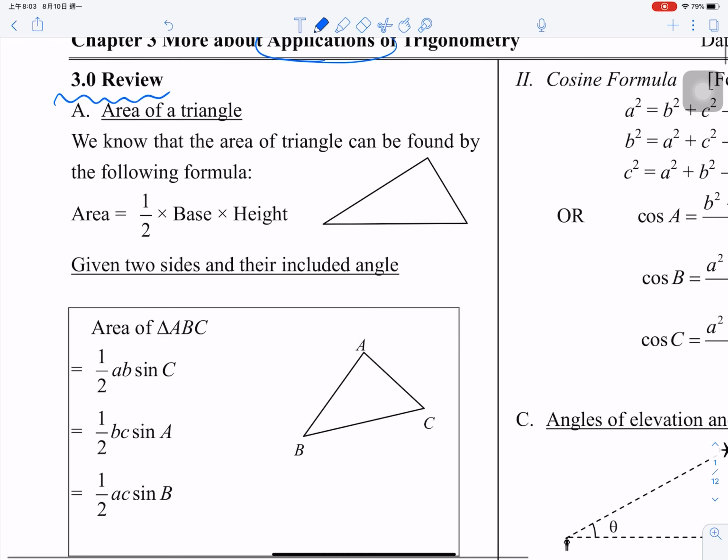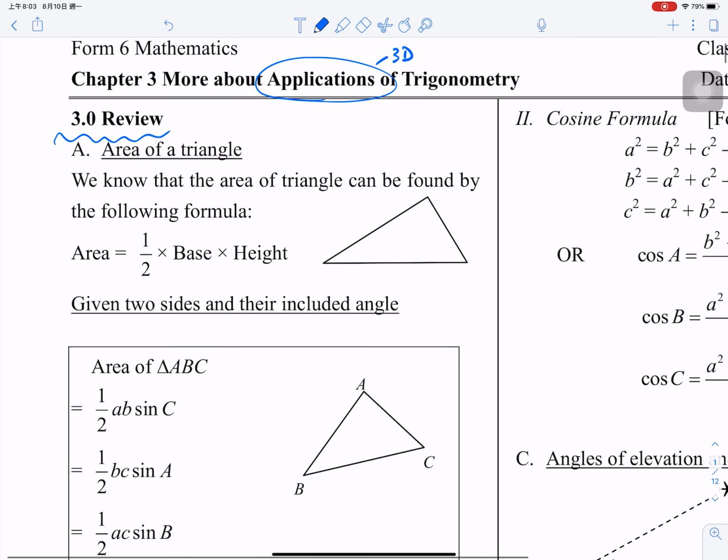Let's see. Do you remember how to find the area of a triangle? As you know from primary school, the area of a triangle equals 1/2 times the base times the height. That means if this one is a base, we need to find the height of the triangle, right?